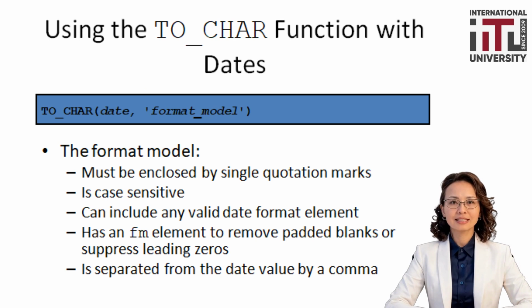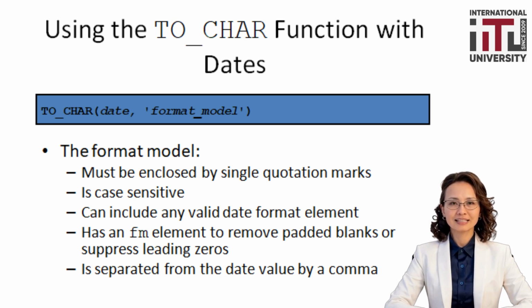This slide explains how to use the ToChar function with date values in Oracle. The ToChar function converts a date data type into a formatted character string, allowing you to control how the date is displayed. The syntax is ToChar(date, 'format model'). The format model defines the output structure of the date and has several important rules. It must be written in single quotation marks.